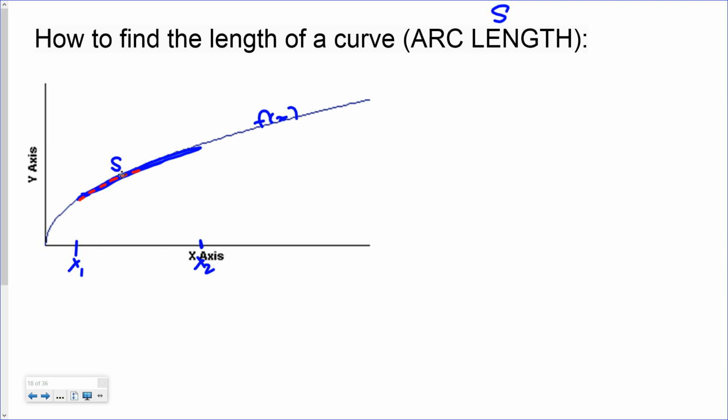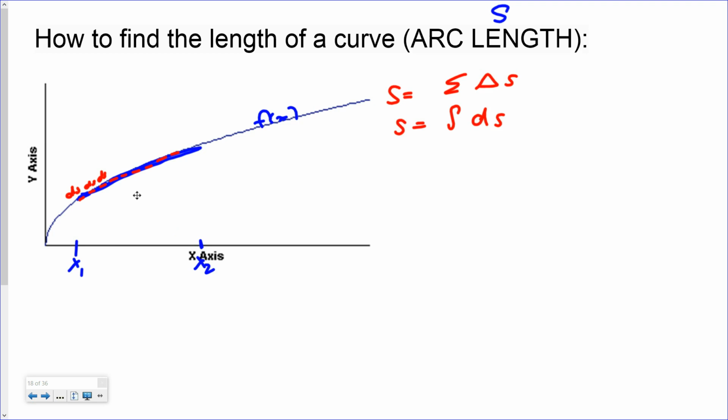Because calculus is a bunch of slivers added together all the time. It's differentials, right? It's a whole bunch of delta s's plus another delta s plus another delta s. We know that the deltas get so small that we end up calling them ds's. So all s is a sum of all my delta s's, which in calculus is really just the integral of all your ds's. I'm going to add all my ds's together.